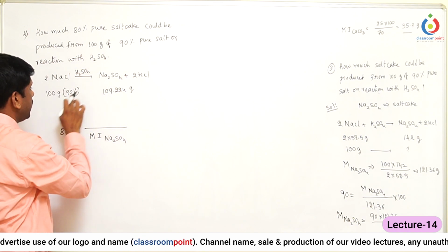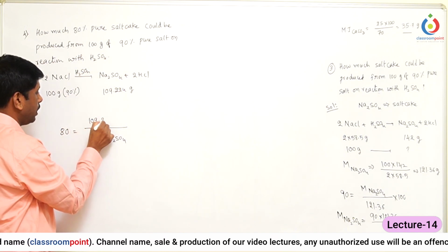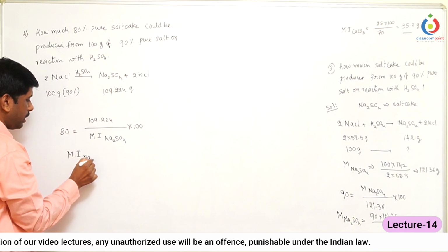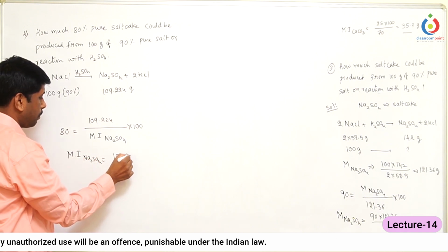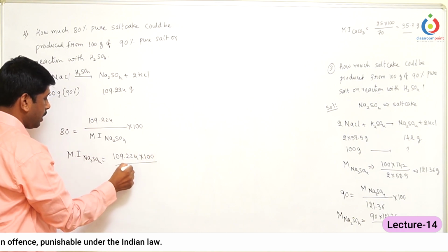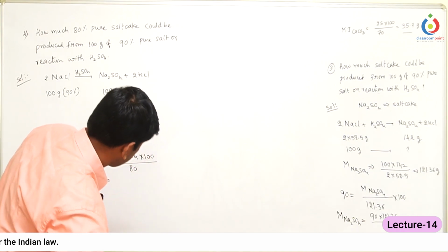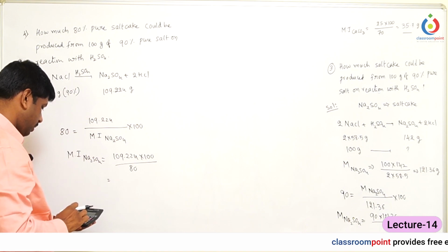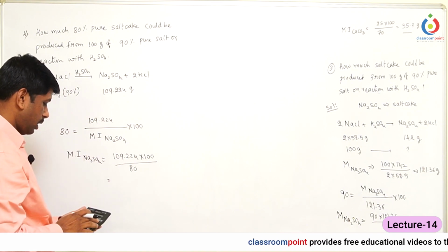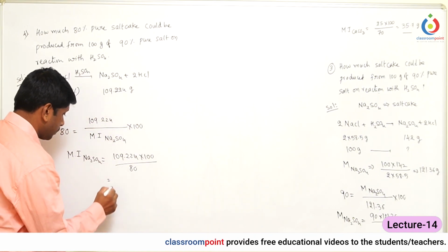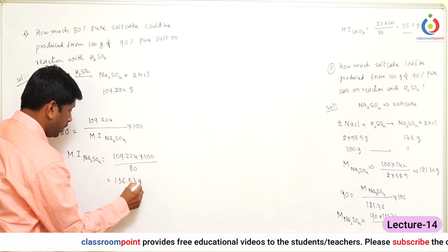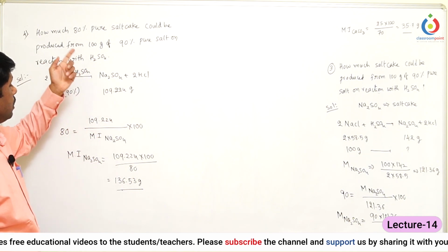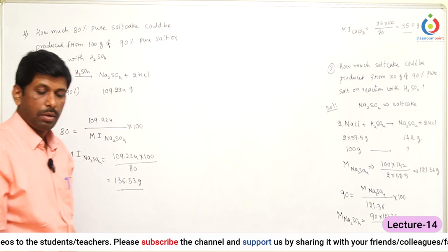From 100 grams of 90% already calculated, 109.224 grams into 100, so mass of impure Na2SO4 equals 109.224 into 100 divided by 80, which equals 136.53. So 136.53 grams of impure salt cake could be produced, where 20% is impure and the remaining 80% is pure compound.